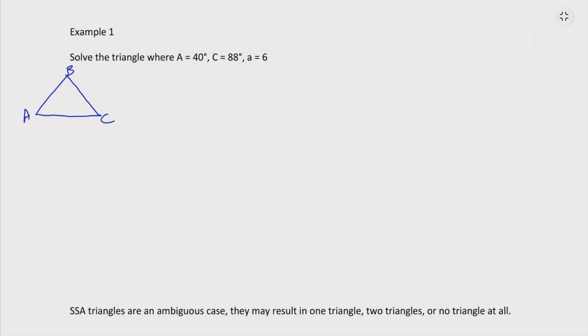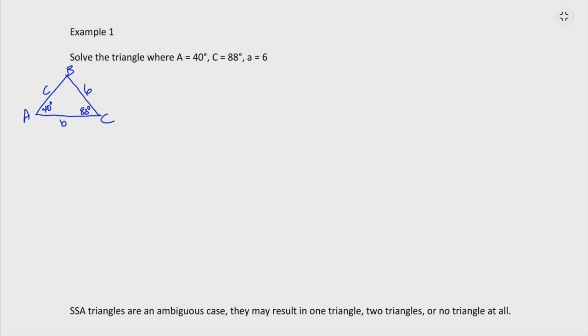So angle A is 40 degrees, angle C is 88 degrees, and side a is opposite angle A, so there's the 6, and we need to find side b and side c. It wants us to solve the triangle, so let's find all the missing parts. Let's find angle B first.